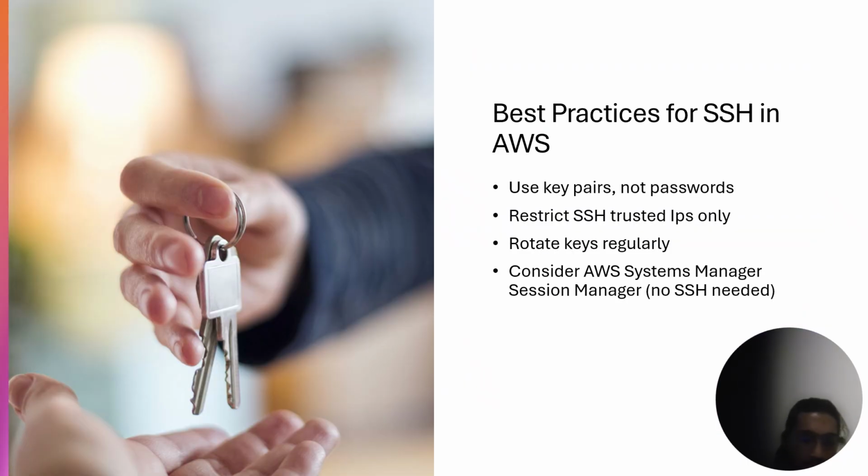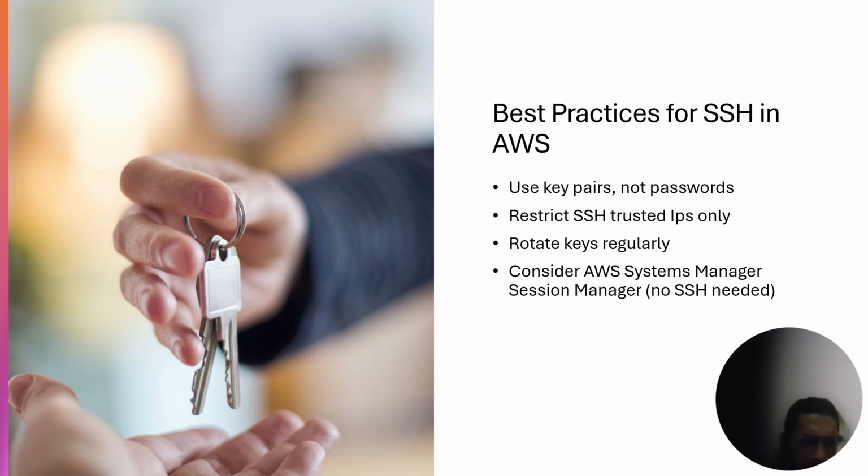Okay, now let's talk about the best practices that should be used for SSH in AWS. Here are some of the best practices. Always use key pairs instead of password-based logins.